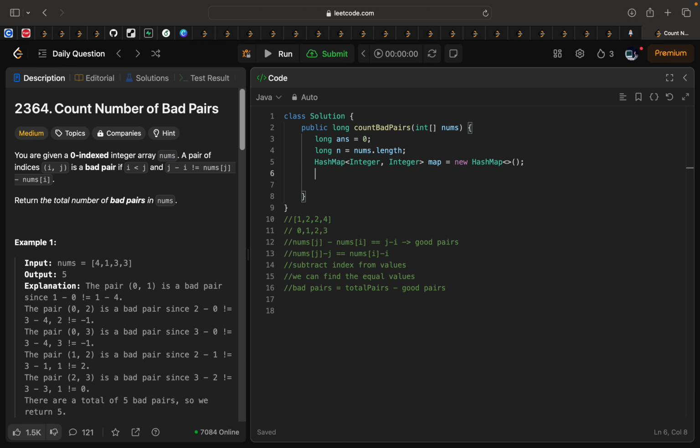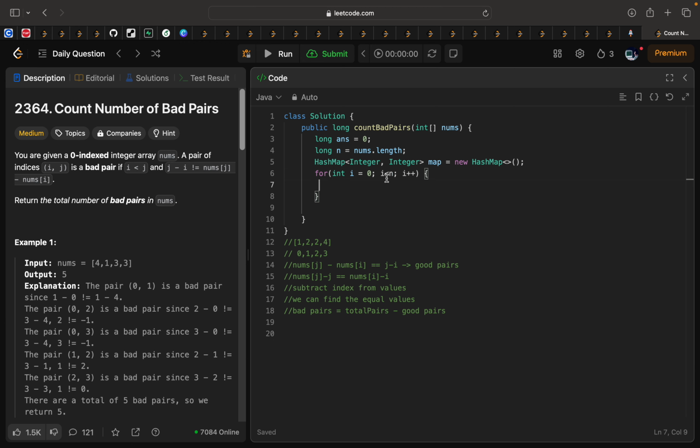Along the way we can subtract the indices from the values. So int i equals 0, i less than n, i plus plus. So this is not our answer, this will be good pairs.